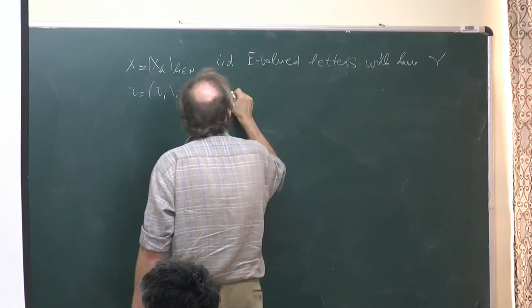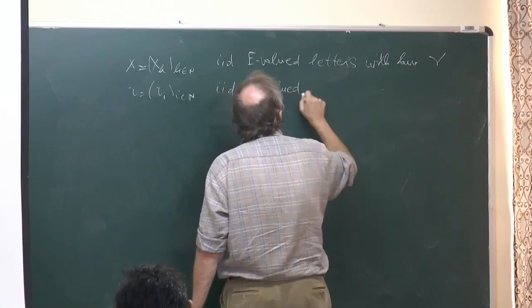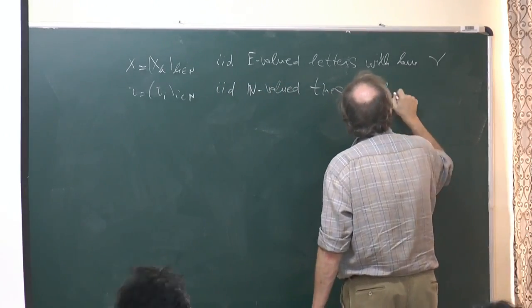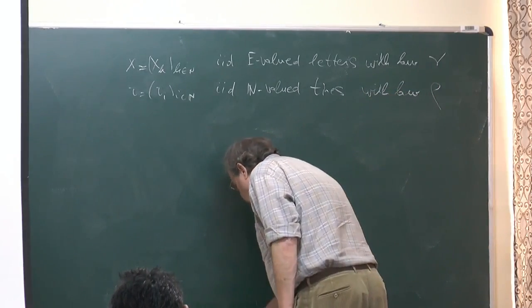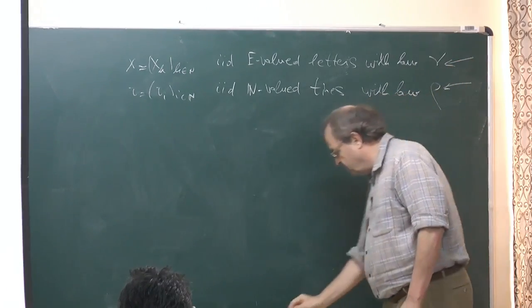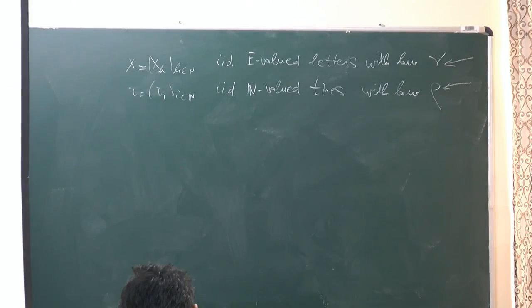They are IID N-valued times with law rho, and these are important choices that we can make. You can, for the moment, make any choice that you like.